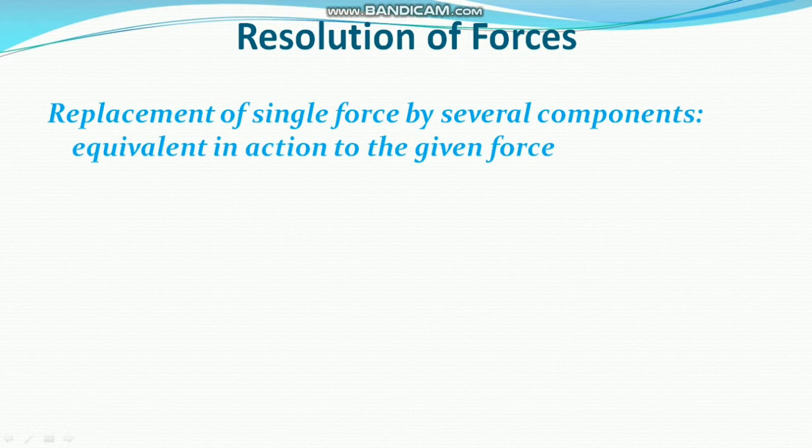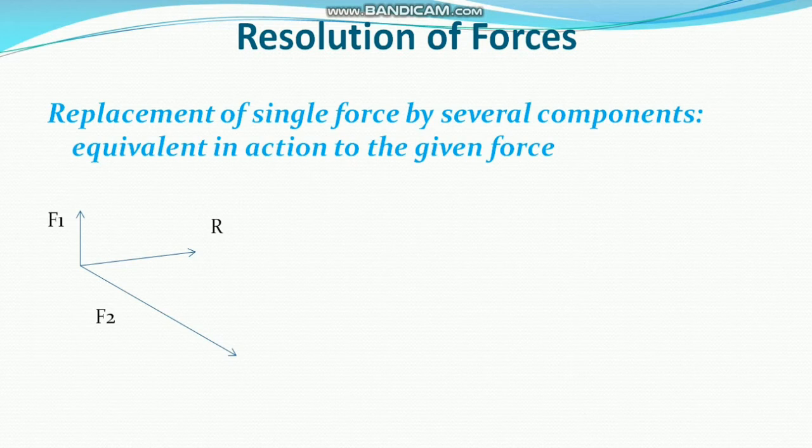Now we will take an example. Let R be the resultant force in the parallelogram law, or in this case any force R, which can be resolved into two other components, or several components. In this case, let them be F1 and F2, mutually having an angle to each other.